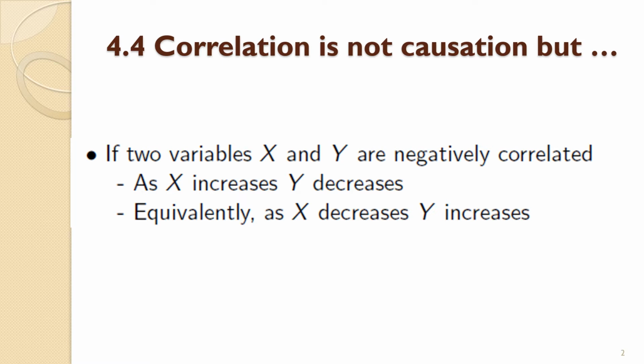Now, one classic example of this might be fuel costs and the profits made by a transport firm. So you might naturally expect that if x is the fuel cost and y is the profit from the transport firm, as the fuel cost increases, the profits made by the transport firm decrease, because they've got to spend more money on putting fuel in the trucks, for instance.